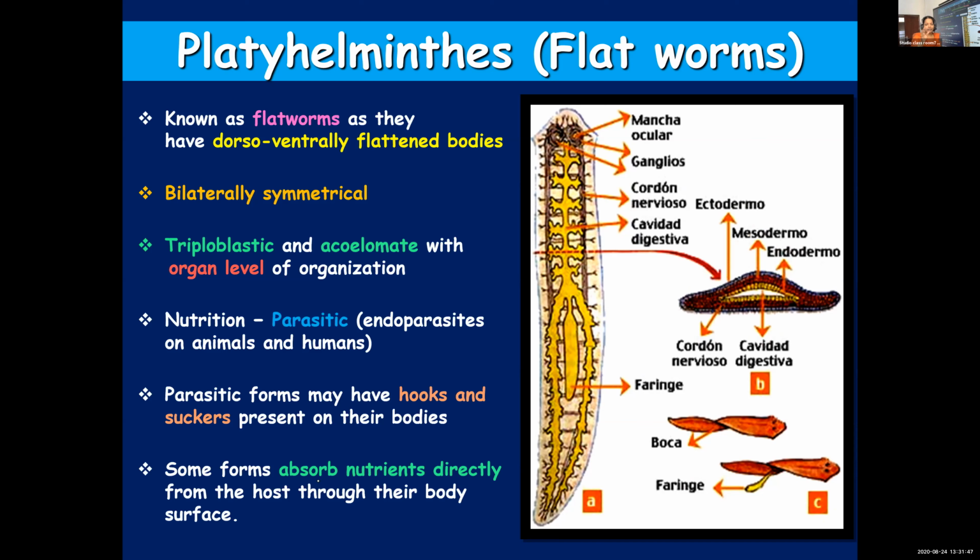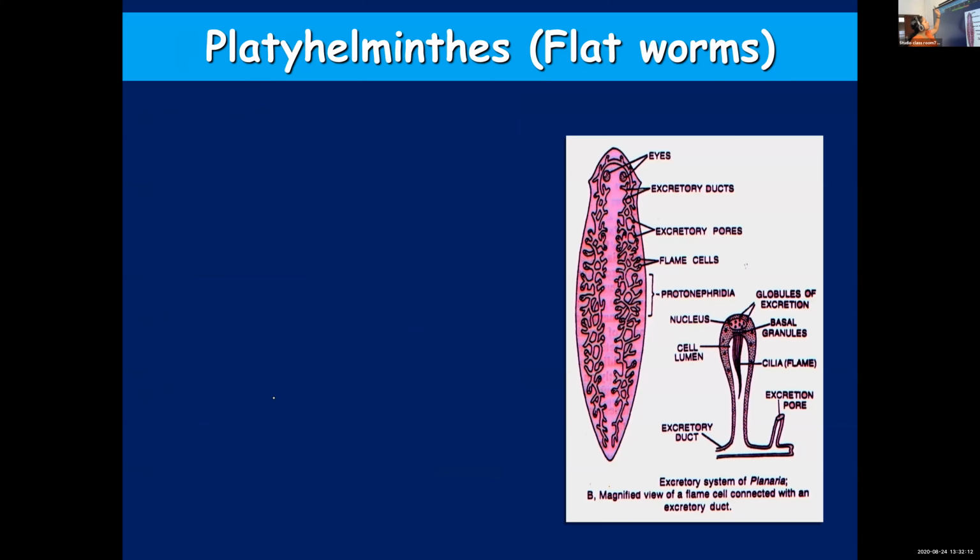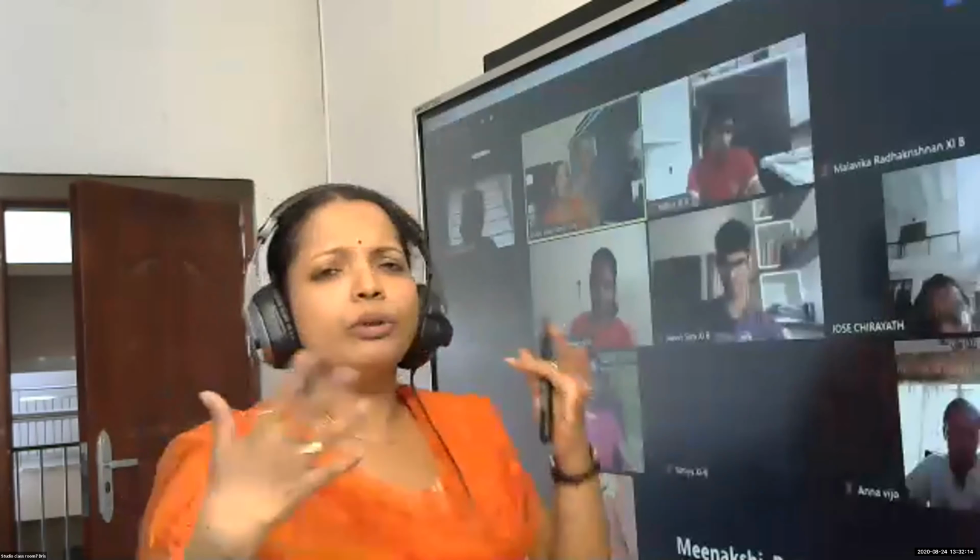But to be noted, they are not coming under the category of platyhelminthes. I just told those examples to make you understand the difference between endo and ectoparasites. Some of the members of platyhelminthes can take in nutrients from the host directly through their body surface. So before we proceed to more points, quickly you need to say those points.